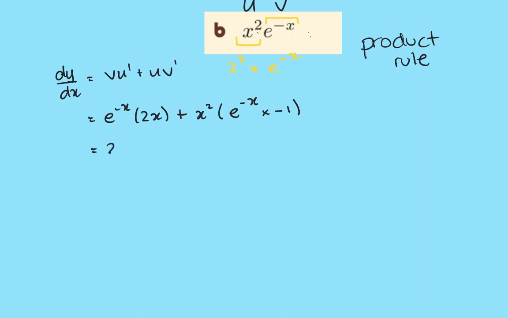Now we can tidy up a little bit. 2x e to the minus x minus x squared e to the minus x. We can even factorise out an e to the minus x and an x, which leaves us with 2 minus x. Good job.